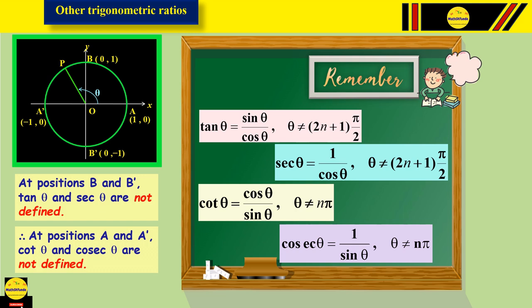Like that, we are now redefining tan theta, cot theta, sec theta and cosec theta with their required restrictions. Now, don't you think that if I have defined tan theta and sec theta afresh, I will have to write trigonometric identities also in a fresh way?